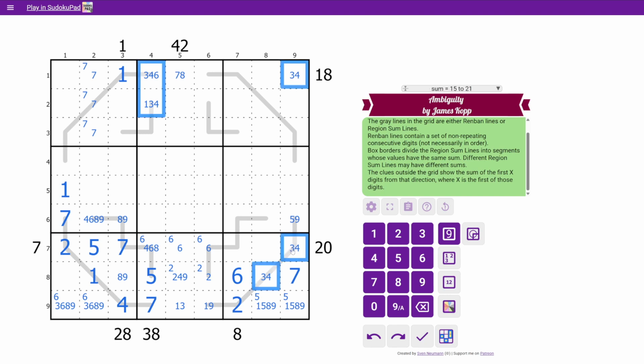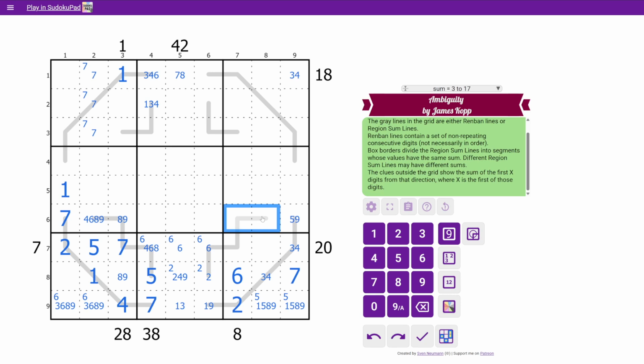So if this is a 4, this has to be the 6. This has to be the 8. So this is 4, this is 6, this is 9, this is 1. Now this would still be able to be a Rin band probably. But if this was 9, this could be 6-3.